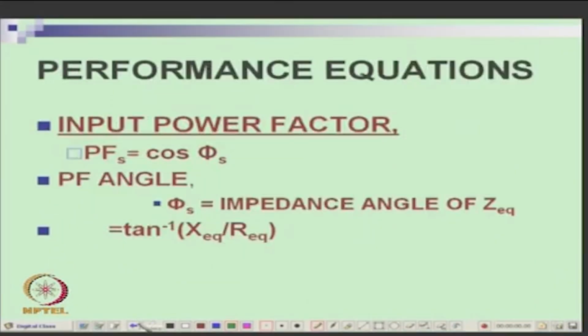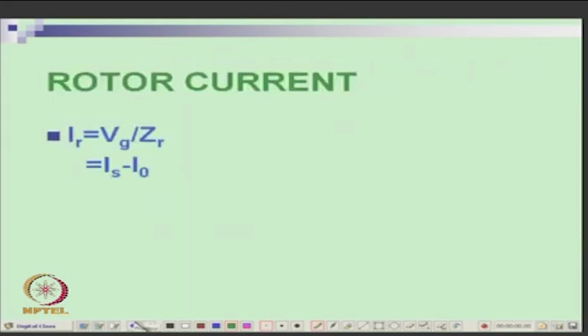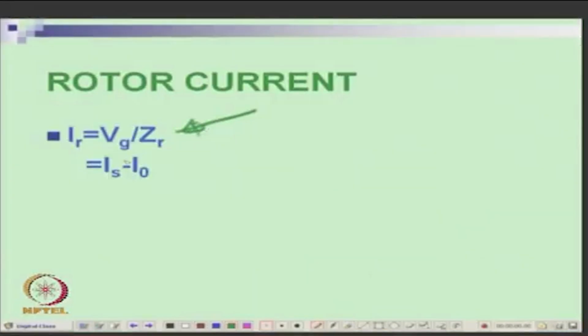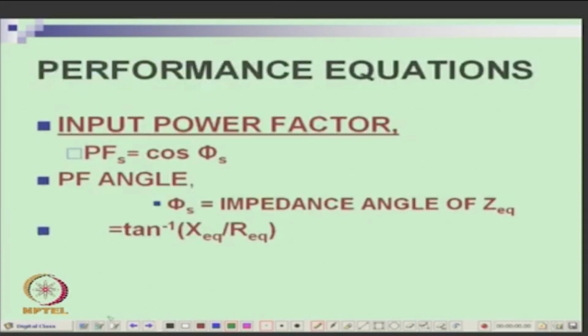Then you can find out Ir, since you know Vg and Zr, which is Is minus I naught in the generating convention. Input power factor is cos phi s, and phi s is the impedance angle of Z equivalent. You know Z equivalent, its angle is phi s.